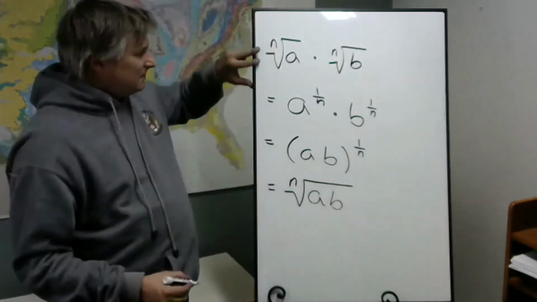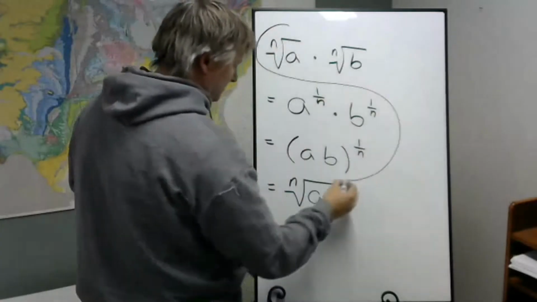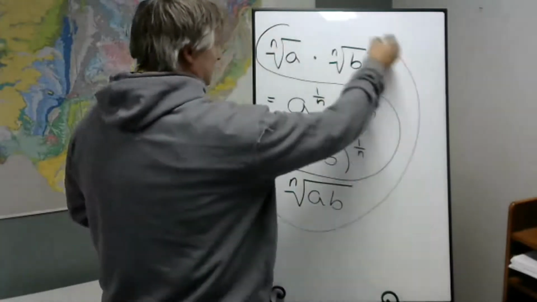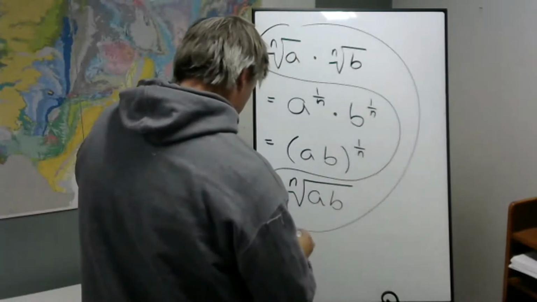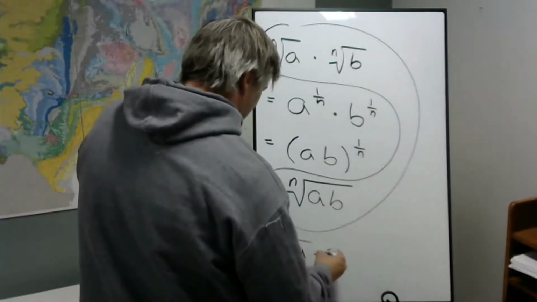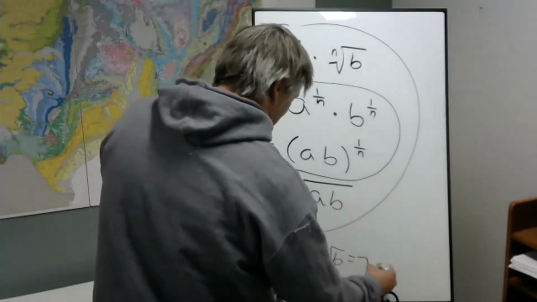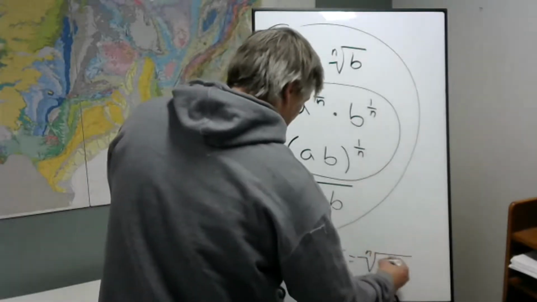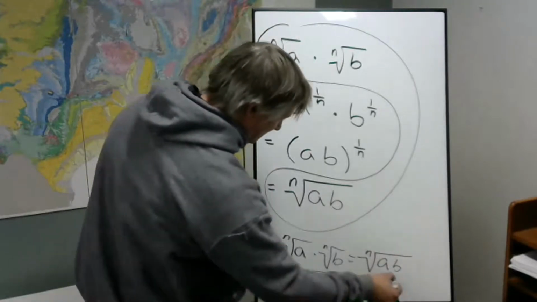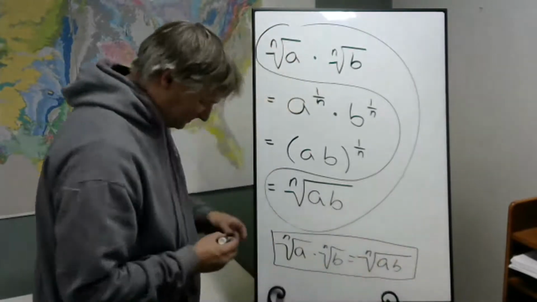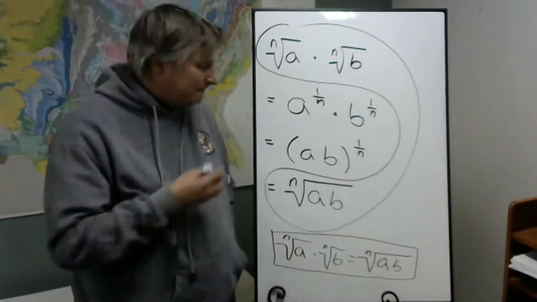And so if we want to take a shortcut, we can say nth root of a times the nth root of b is the nth root of a times b. So that's our product rule for roots.